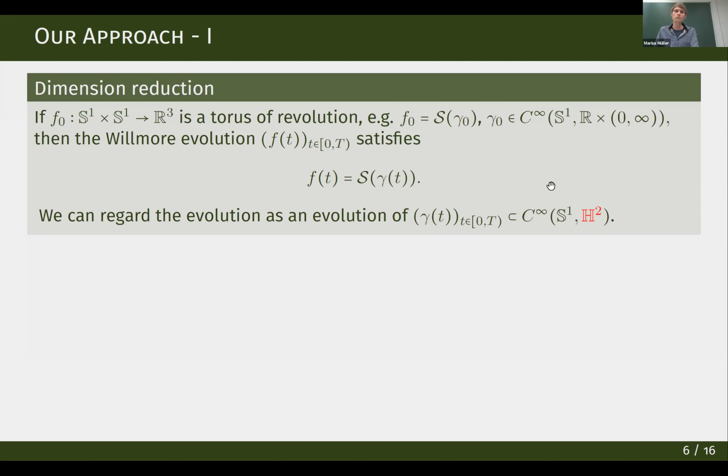What is H2? Well, basically H2 is just the upper half plane, but there's more to this story, since we will look at this curve evolution in a special geometry, and it will be the hyperbolic geometry. And this is why I don't write the upper half plane here anymore. I will always write H2 from now on.